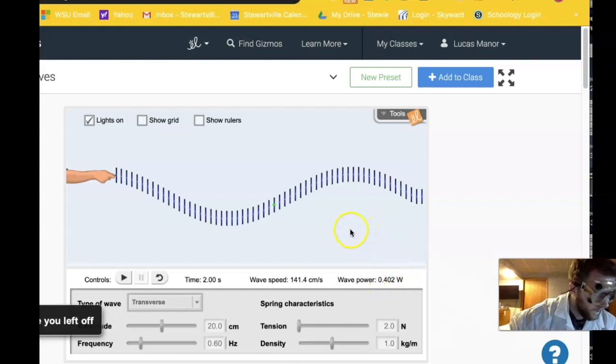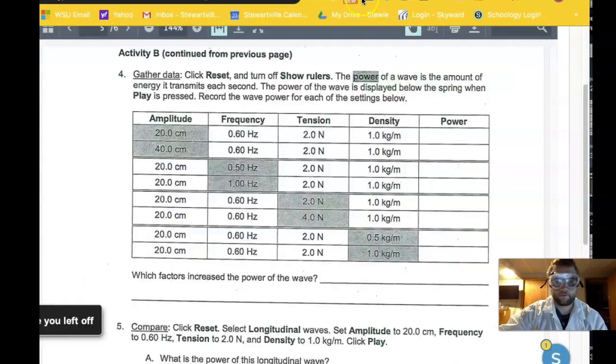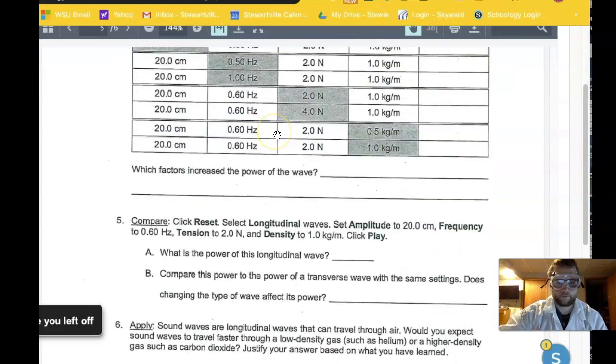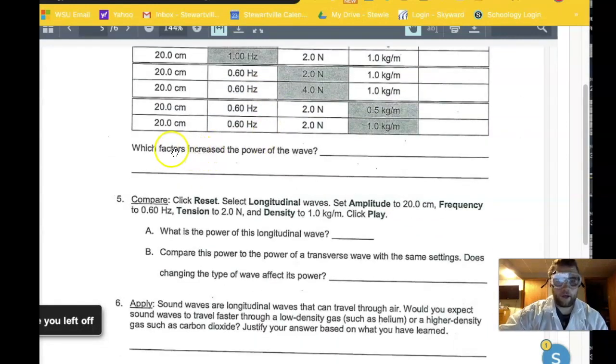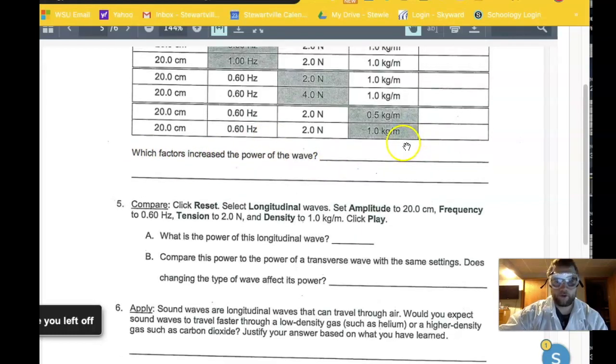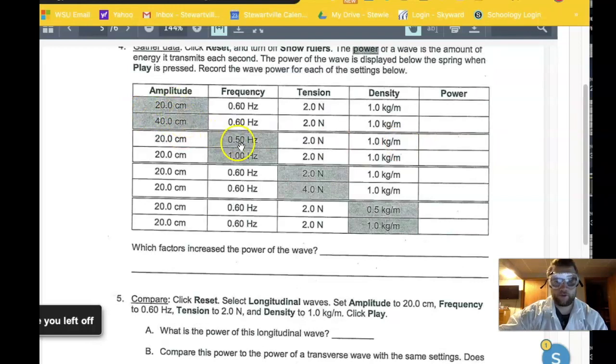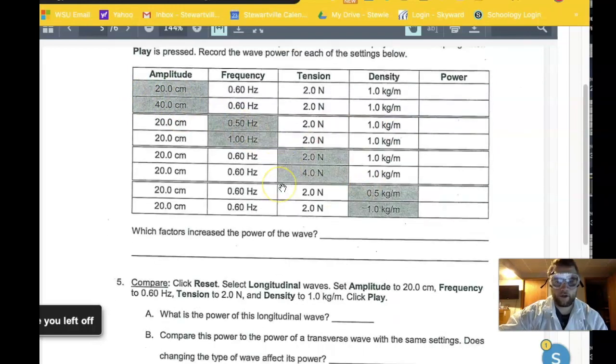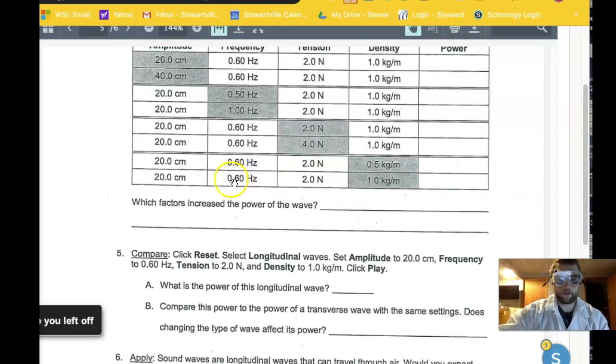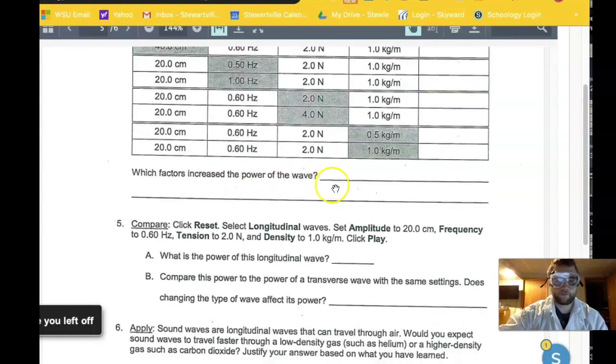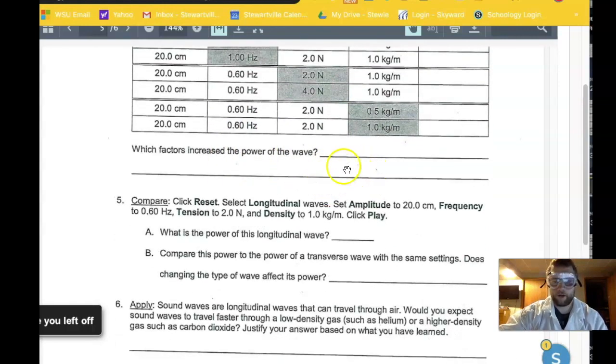Okay, so now we are done with our table for number 4. And you need to answer the question, which factors increase the power of the wave? Which one of these factors that we tested out, the amplitude, the frequency, the tension, the density, which one of those increase the power of the wave? Once you're done answering that question, we move on to number 5.